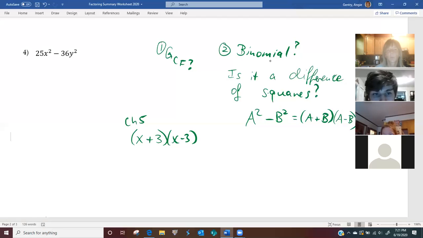In chapter 5 you were multiplying, and then you FOIL this, and you get an x squared minus a 3x plus a 3x minus a 9. And then these two, I borrow $3, I pay back $3, they cancel, and you're left with an x squared minus 9.